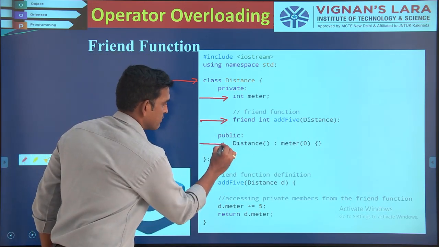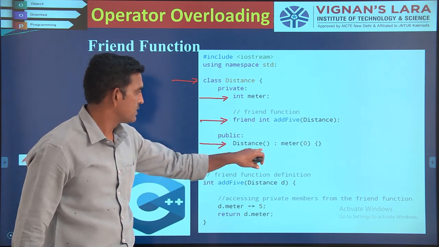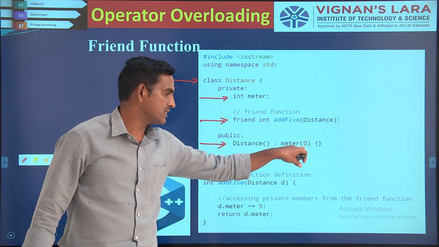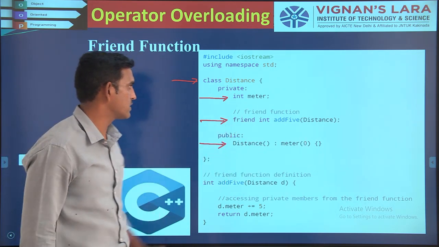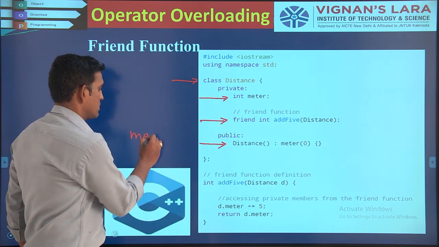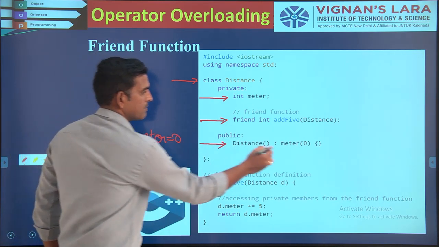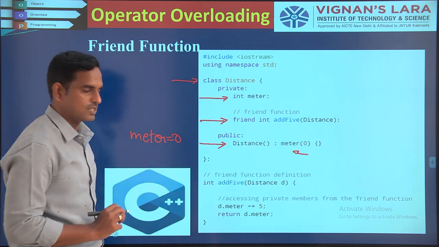And you have one constructor which initializes the meter value to 0.